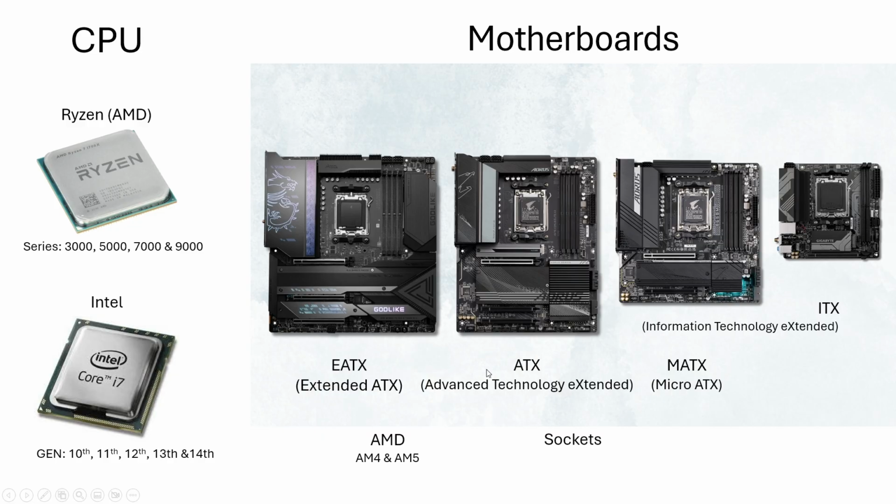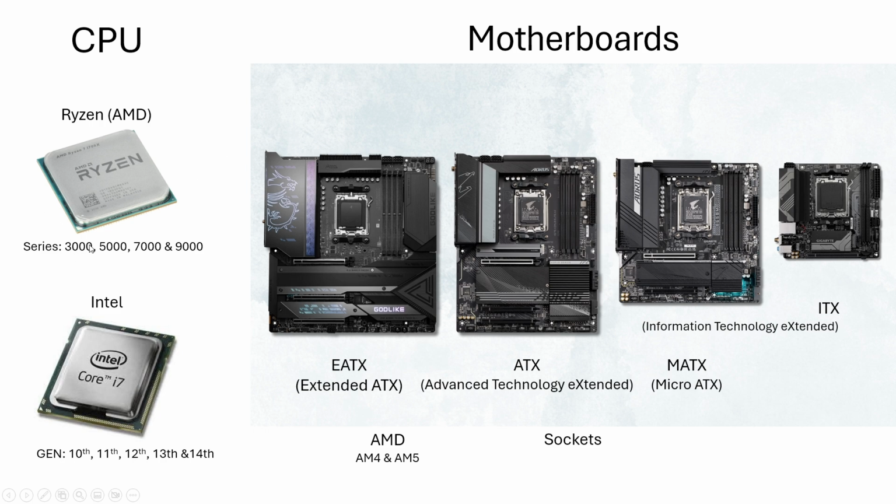So for AMD, your Ryzen processors, you have an AM4 socket and an AM5 socket. And what does that mean? So when you go to get a CPU, or if you go to get a motherboard, like I said though, I would always recommend getting your CPU first so you know what type of motherboard you need to get.